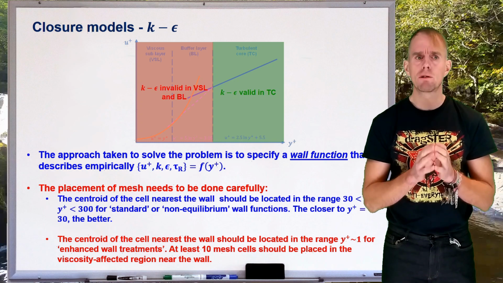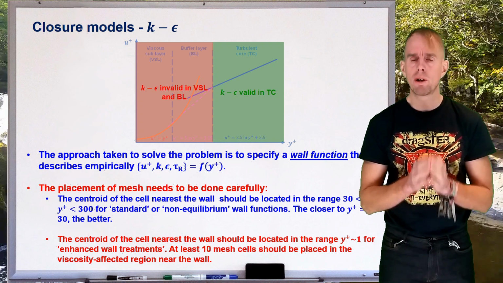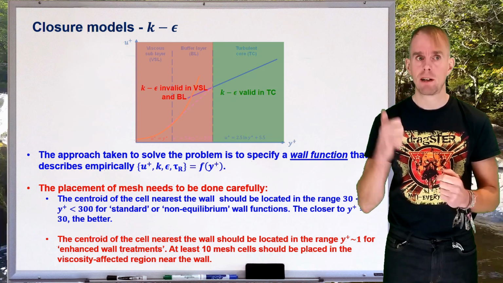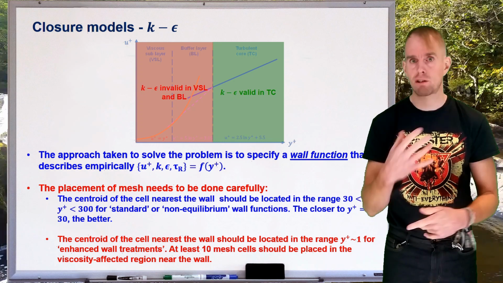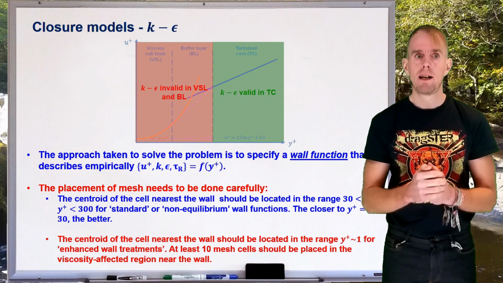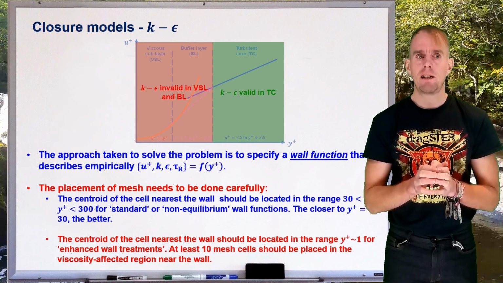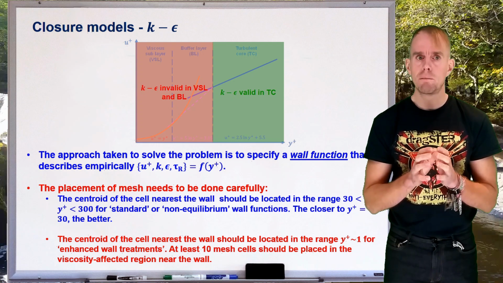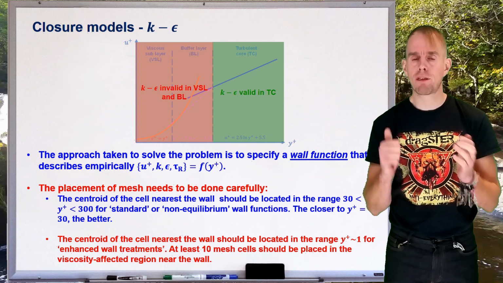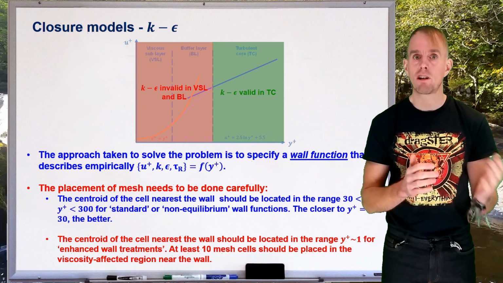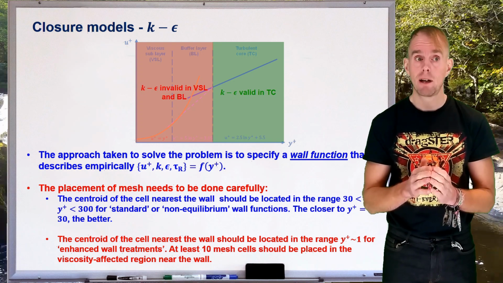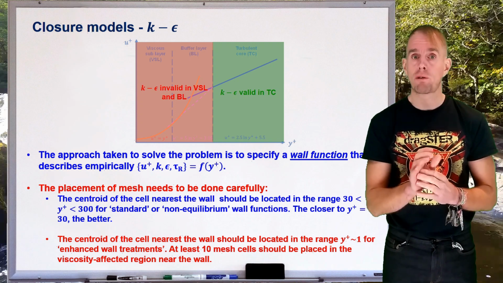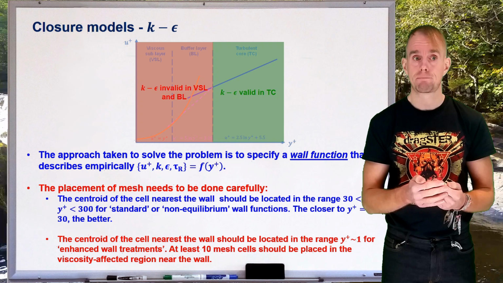If you have something called a standard wall function or a non-equilibrium wall function, these are two different classes of wall physics that describe the variation of U plus, k, epsilon and tau r near a wall, then the advice typically is that the centroid of the cell nearest the wall should be located within 30 to 300 units of non-dimensional distance away from that wall. The closer you can get the centroid of that cell to y plus equals 30, typically the better.